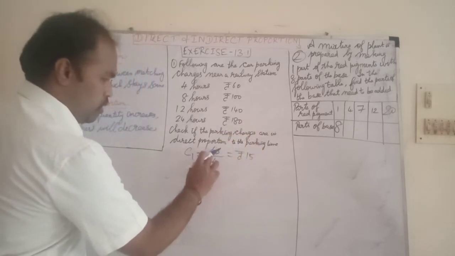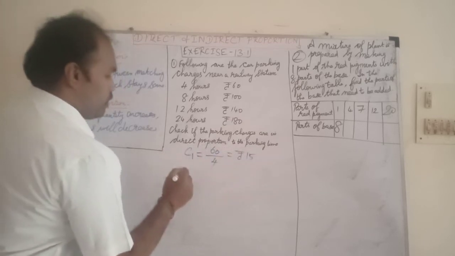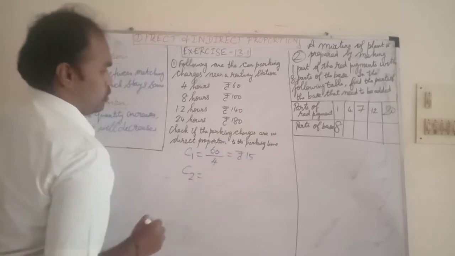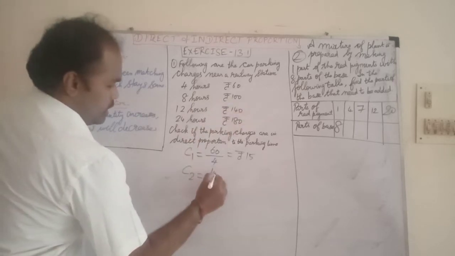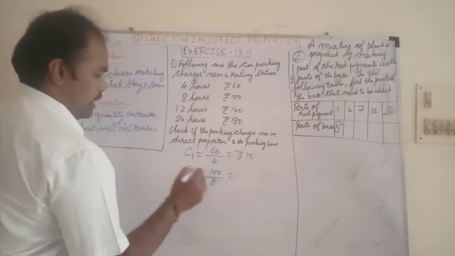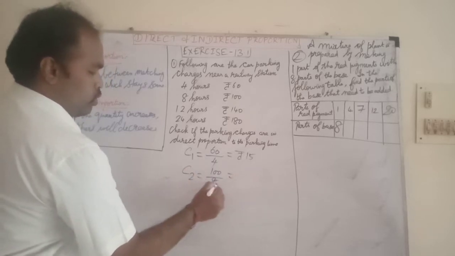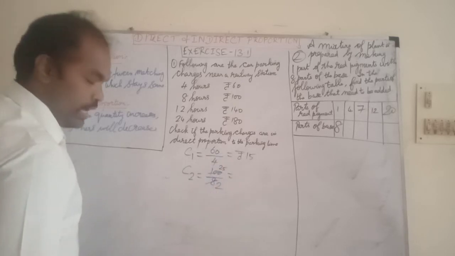C2: 100 divided by 8. 2 fours are 8, 25 fours are 100.